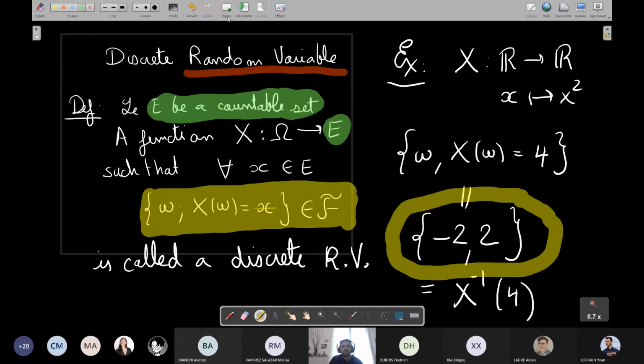Maybe we can give another example of a discrete random variable. If you have a dice, this is a function from omega... or, let me give this example. Omega is the set of all the people in the world, and I have a random variable X that gives me the weight of the person.